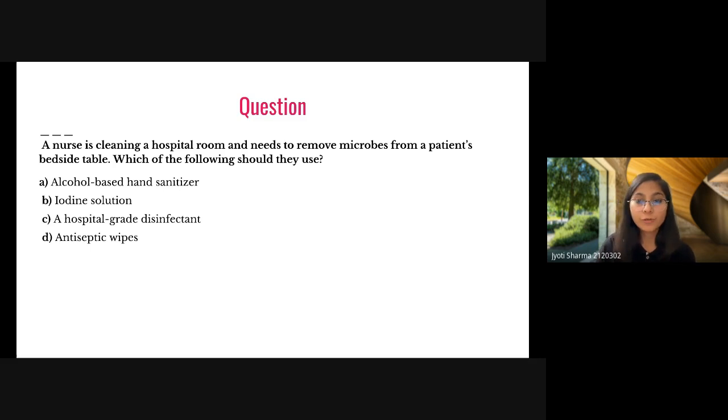So if they want to remove the microbes from the bedside table, this is a table, this is not a living organism, this is a non-living surface. And if we want to remove microbe from that non-living object, what would that be?